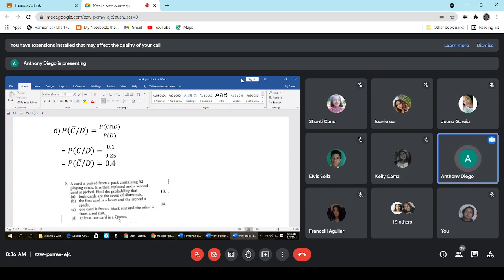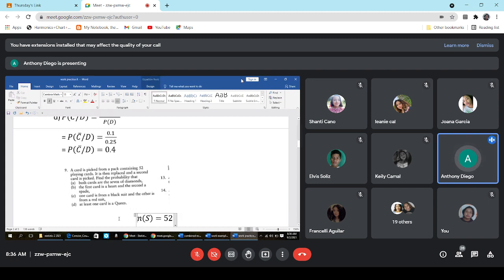It is then replaced and a second card is picked. Find the probability that both cards are the 7 of diamonds. So there we are looking at independent events, because each pick will be independent of each other, because you don't know what you will be selecting, even though the item has been replaced back.